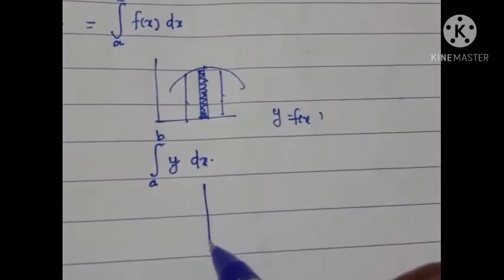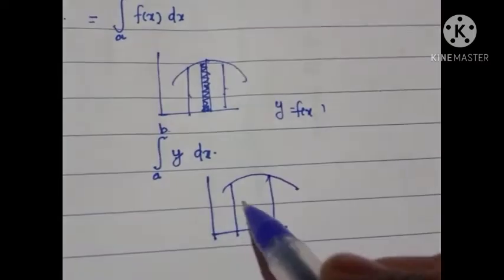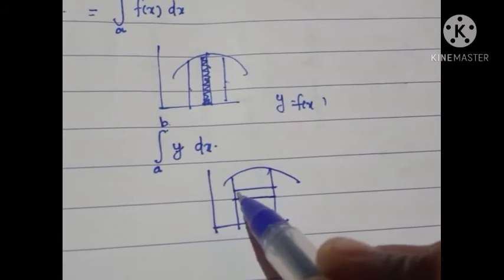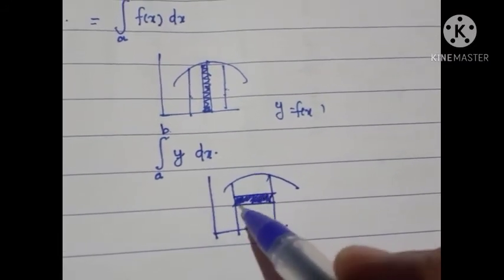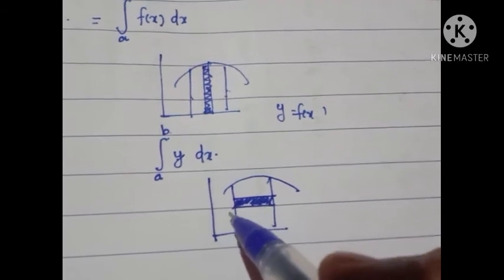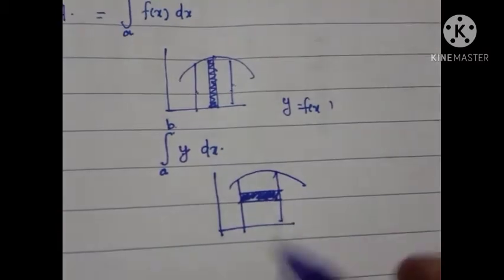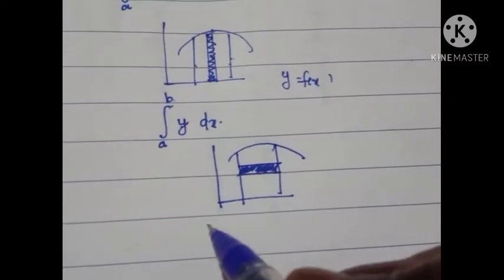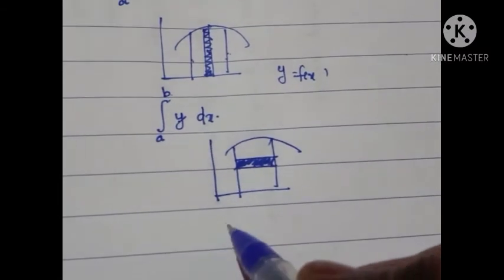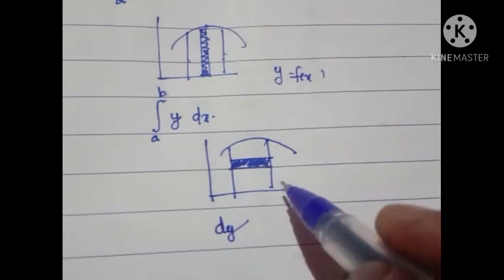At the same time, we can consider horizontal stripes in this region. These are vertical stripes; if you are considering horizontal stripes, then we integrate the given function with respect to dy.